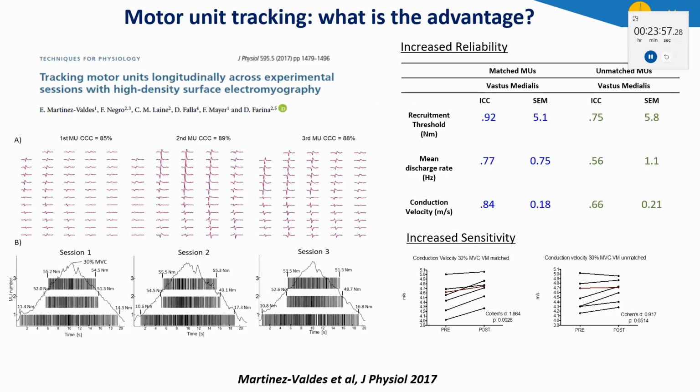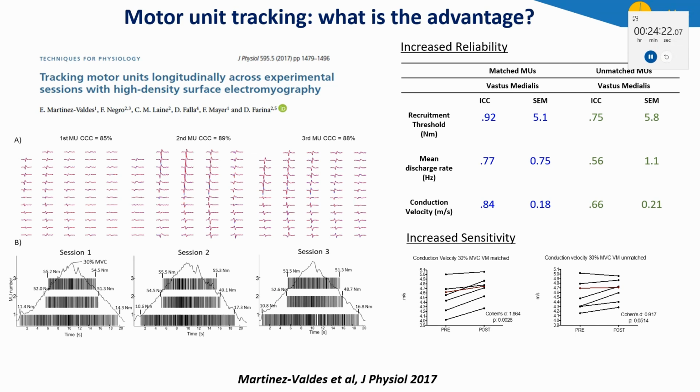So for this reason, we first wanted to test whether this worked. Of course, we positioned the grid in a similar location across different sessions and also within the session. We checked if these action potential profiles, okay, will be similar if we track them across time, okay?